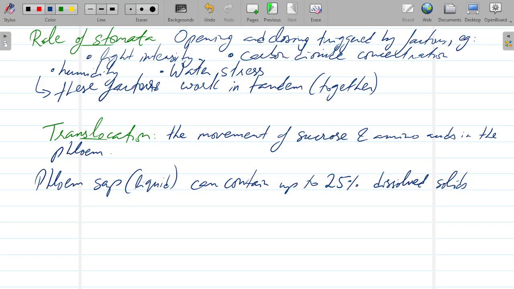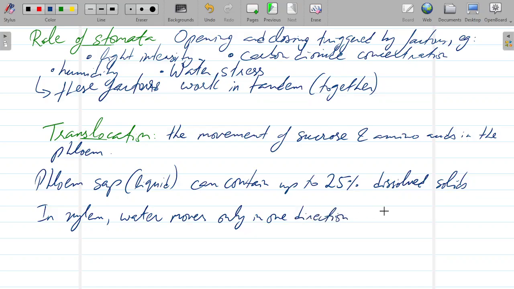Another thing is that in the xylem, water moves in only one direction, and that one direction is up, from the roots up the stem to the leaves.